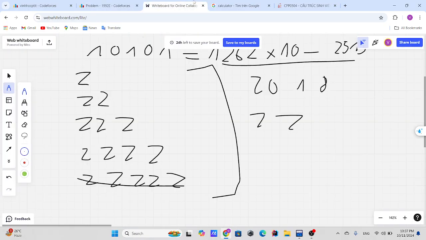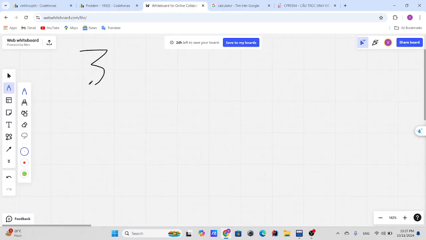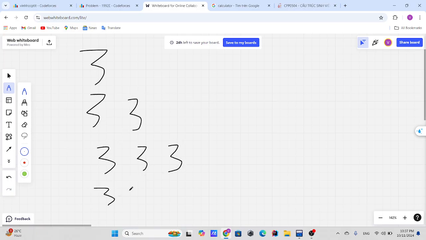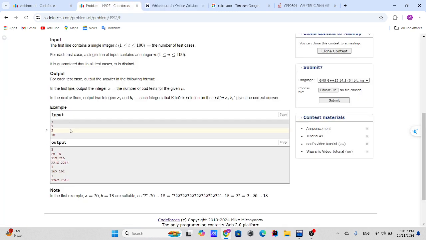How about 3? Why can 3 be trusted enough? There are only 4 cases for 3, right? So what's the problem with 3? I'm a bit confused. What's the problem with 3?